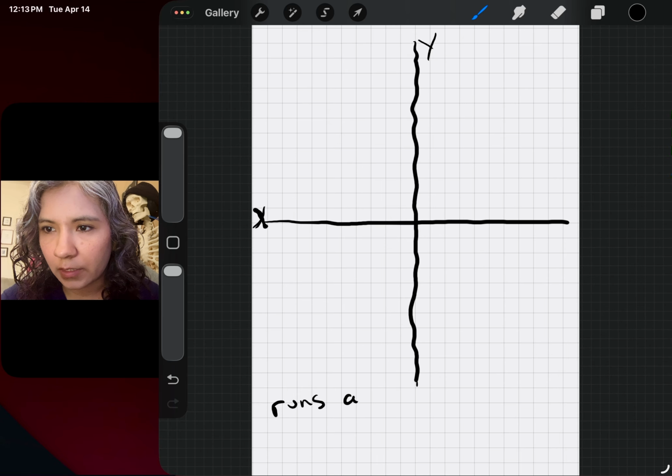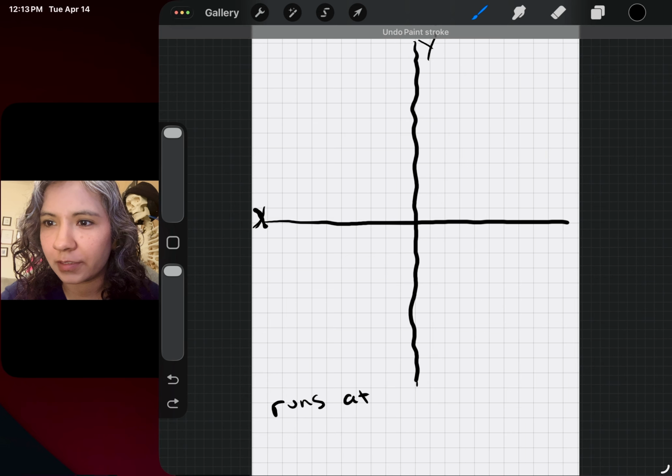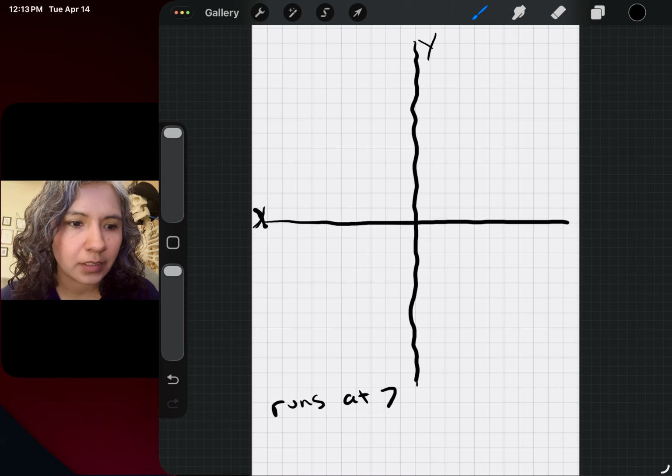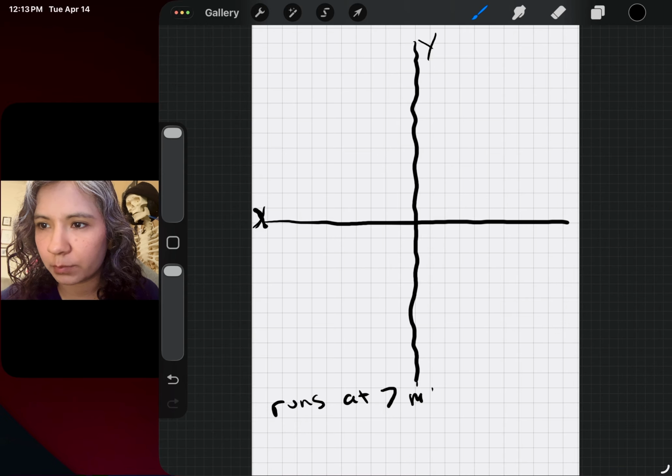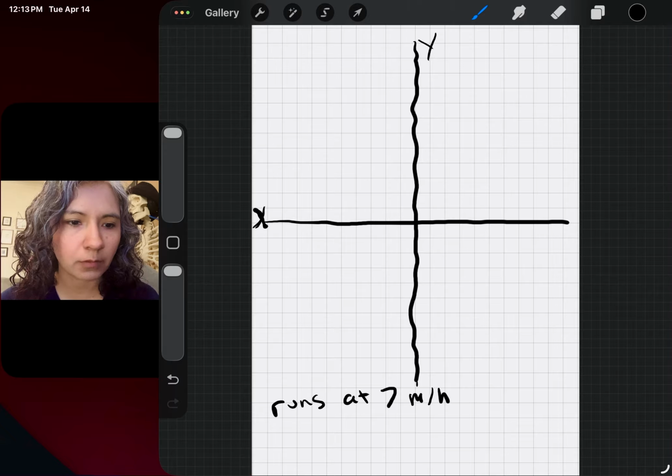so some person runs at, let's see, 7 miles per hour, right?